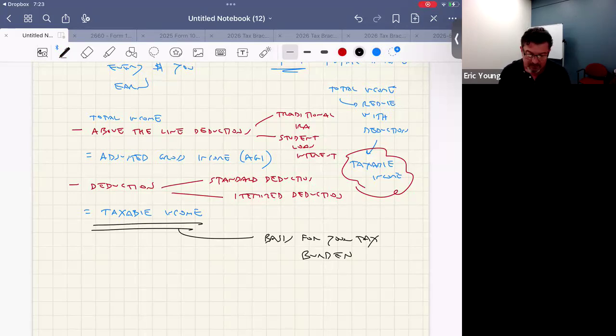What's the takeaway? Well, the takeaway is you want to pay lower taxes. Therefore, you want to reduce your taxable income. Therefore, you want to do whatever you can to legally take advantage of all the deductions that are available to you. And that is where tax deductions and tax brackets and all that stuff comes in.